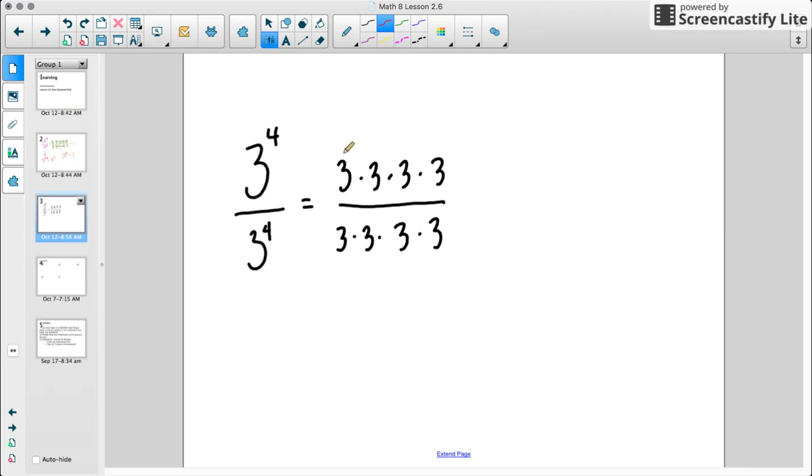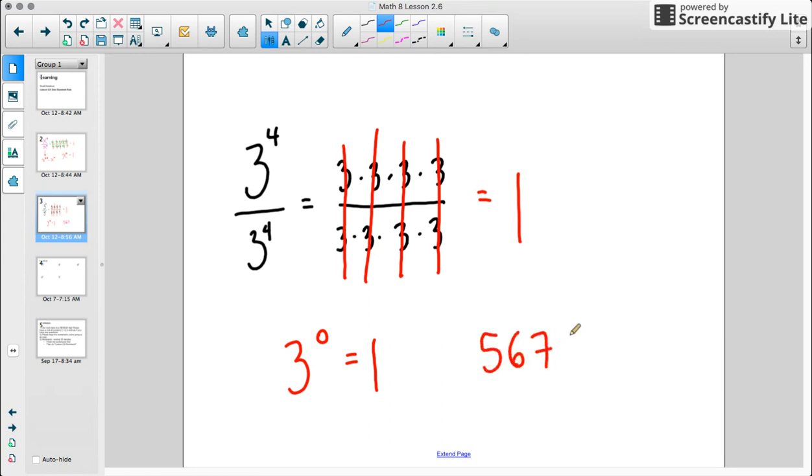This will happen again. 3 divided by 3 is 1. 3 divided by 3 is 1. And so what we'll get is 1 times 1 times 1 times 1, which is just 1. So 3 raised to the power of 0 is just 1. So anything, 567 raised to the power of 0 is just 1.